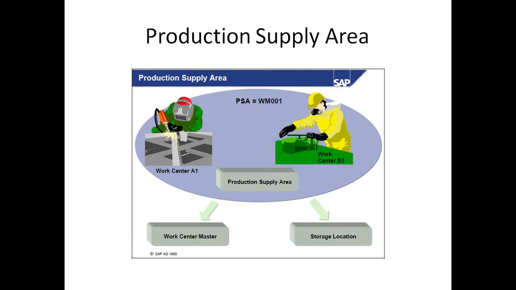For example, if any metal cutting process is happening, they require metal every time to make that gear. So we keep that material in the supply area, and the workmen who are working on that floor can pick the raw material from the supply area and do operations on it.